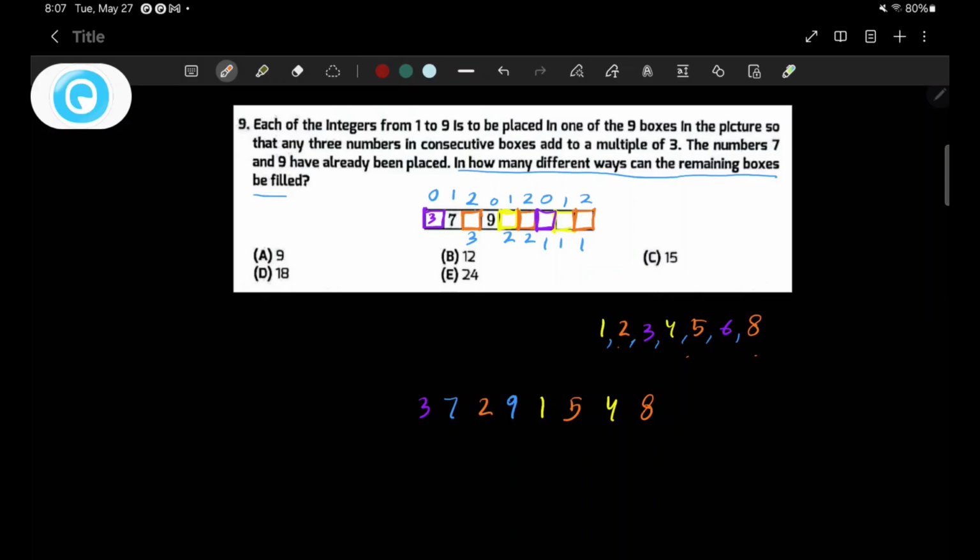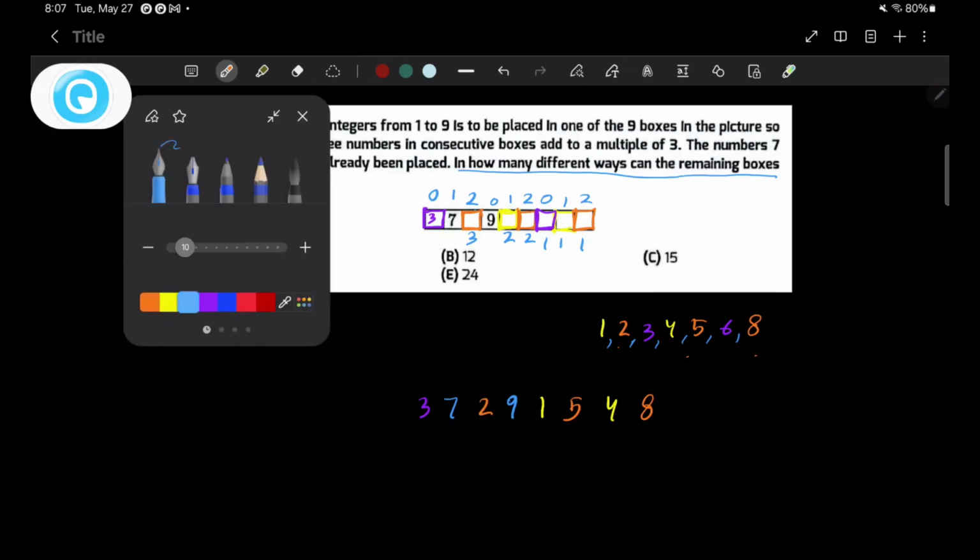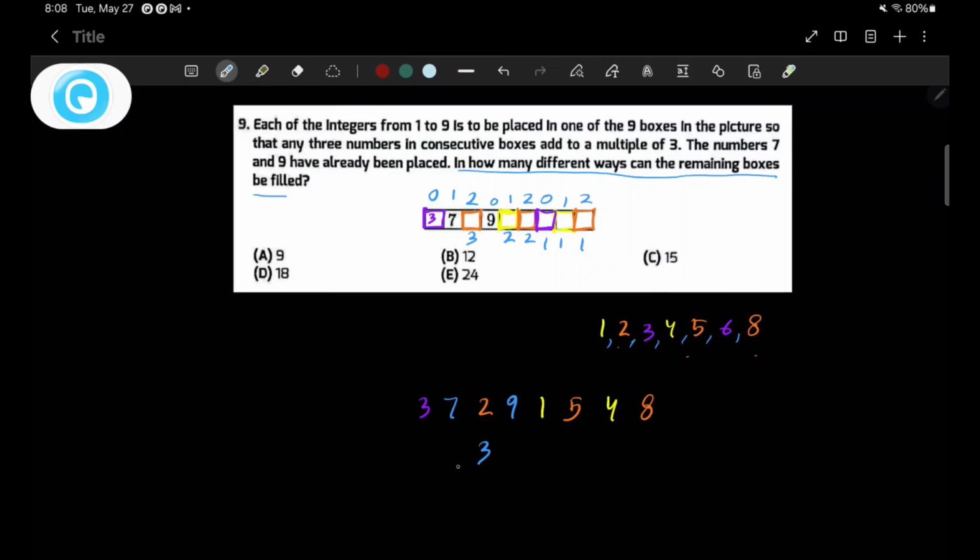Okay. Now, as I said, the first orange has 3 choices. I've fixed the first 3. The first orange has 3 choices. Then the first yellow has 2 choices. The second orange has 2 choices, while the remainder go here. What I'm trying to say here is, the first one can be 2, it can be 5, it can be 8.